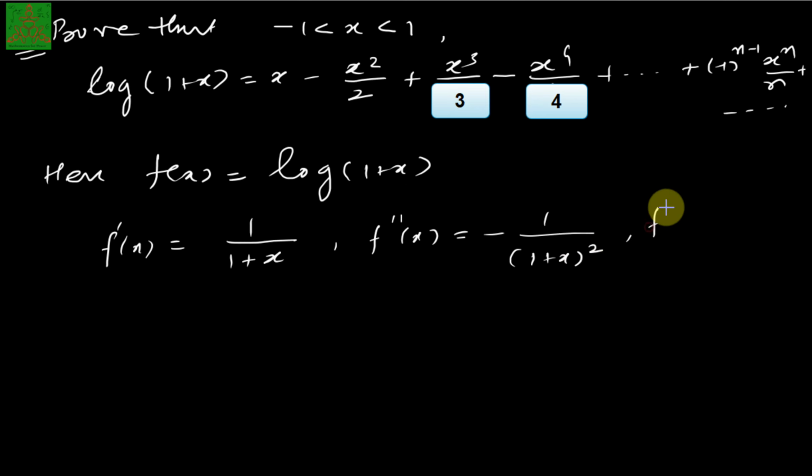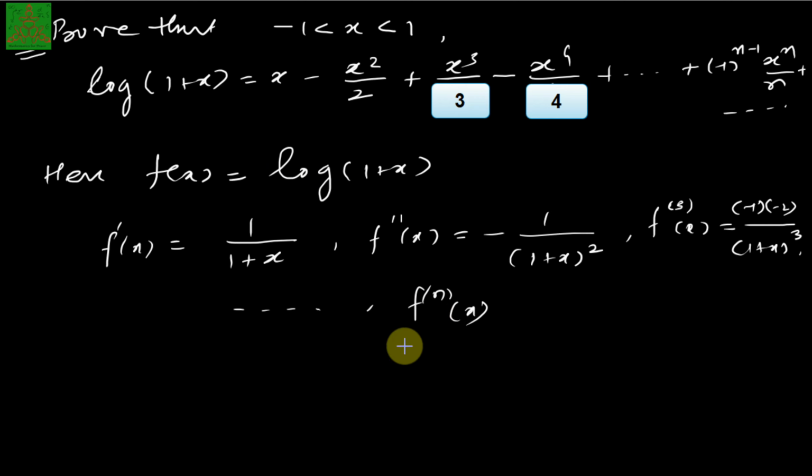The third derivative is minus 1 into minus 2 upon 1 plus x raised to 3. And if you go in that manner, we know the nth derivative of log 1 plus x formula. We already did it in the successive derivative section. For those who have not gone through the videos of successive derivative, the link is given in the description. Also it is available in the i button.